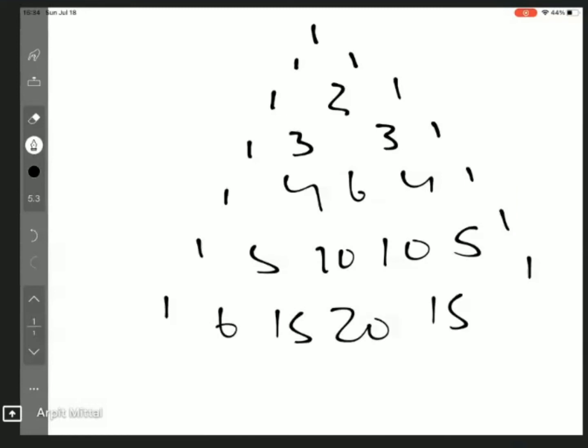Okay, so this is the first 7 rows of Pascal's triangle. Each member of Pascal's triangle can actually be represented as a combination.